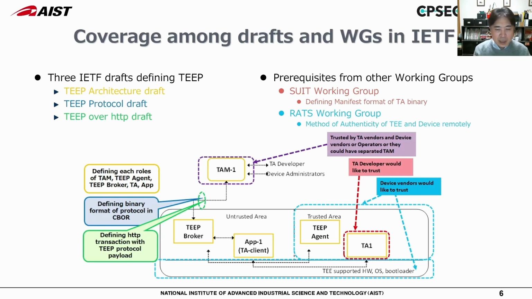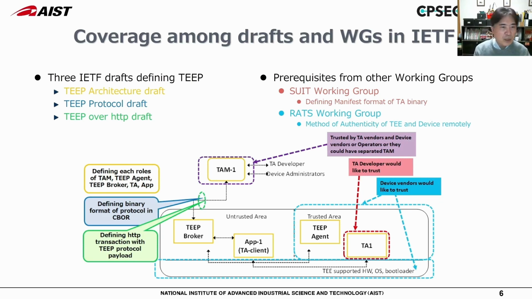But first, there are three working groups, TEEP, SUIT, and RATS, and all three are working on a slightly different area. So TEEP, if I oversimplify, defines how the TAM and the TEEP device operate, and how the TAM and the TEEP device exchange information and the protocol format.